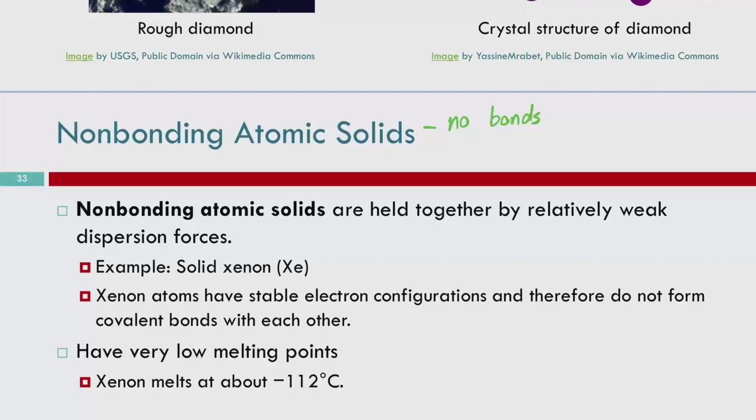So they're not going to form bonds. No bonds, just dispersion forces. All of these solids make for great flashcard material, by the way. So we've got just dispersion forces, very low melting points.